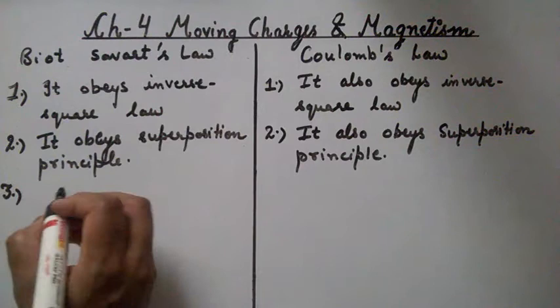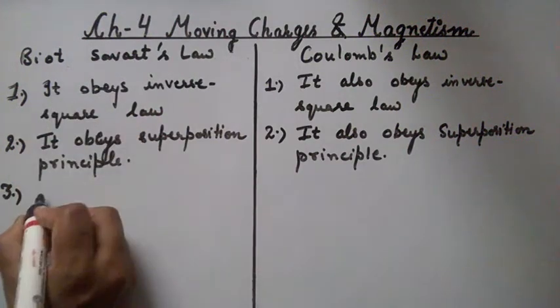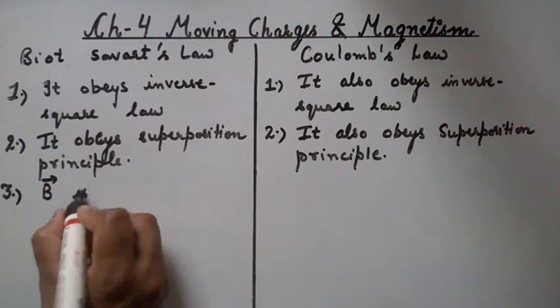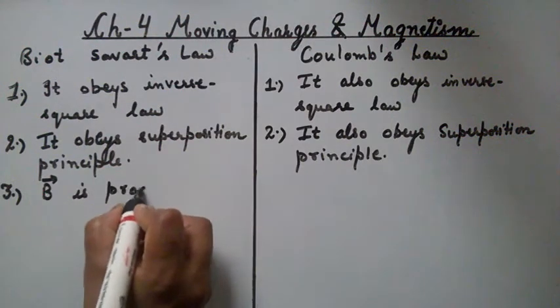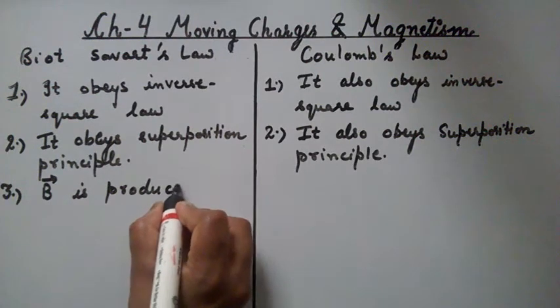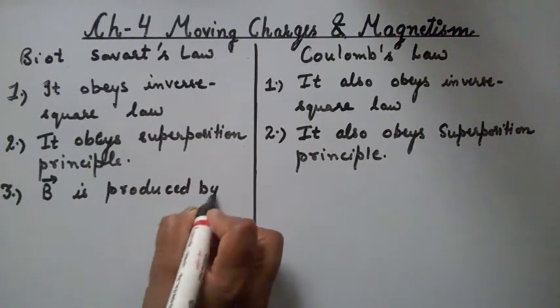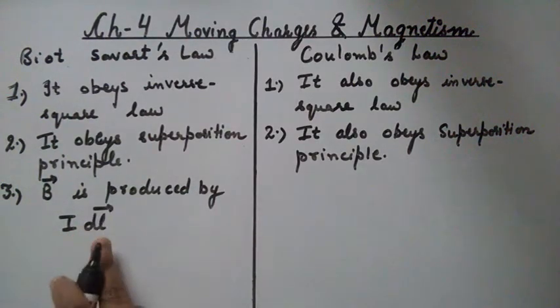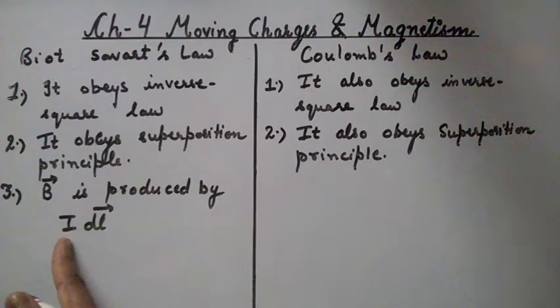Third is that the magnetic field is produced by a vector source, and that vector source is I into dl vector. This is the length element and its direction is along the direction of current.